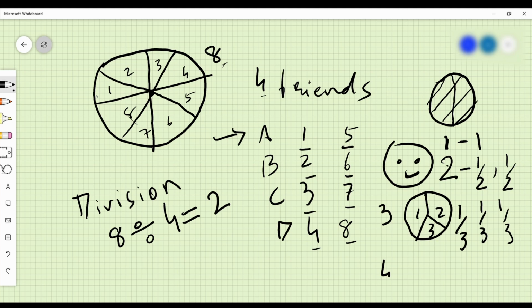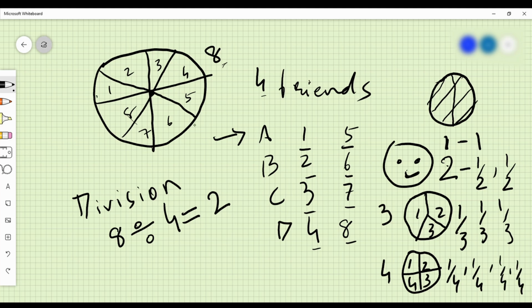And if that friend brings another friend, in that case I have to divide that pizza in 4 equal parts. So what I'll get here is each one of us gets 1/4, 1/4, 1/4, and 1/4.